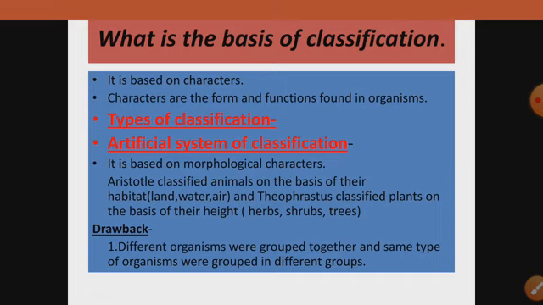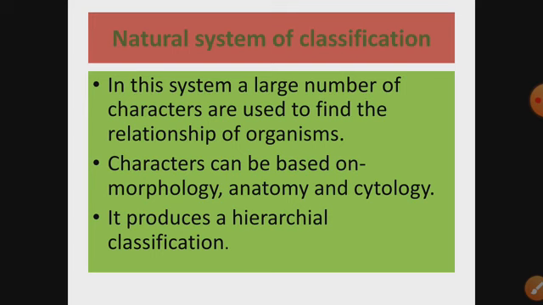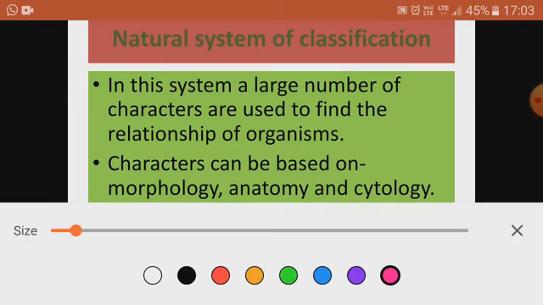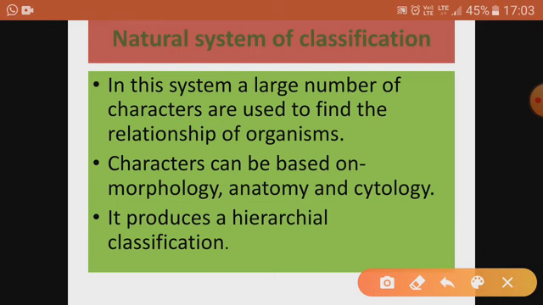Okay. Another system of classification is the natural system of classification. In this system, a large number of characters are used to find the relationship of organisms. Now the scientists knew that the artificial system of classification is of no use, because there only one morphological character is being considered, which is bringing about some of the major issues later on.